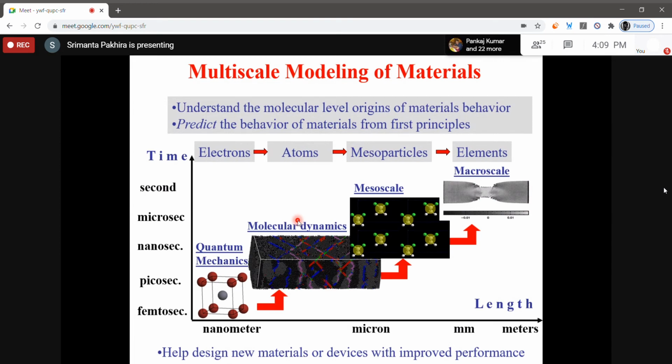Whenever we try to develop new devices, first we generally analyze theoretically. If theoretically we find that the structure is stable, then we perform the experiment. So this slide represents multi-scale modeling of materials. If you know how big your system is and what kind of properties you want to explain, we can use this kind of multi-scale modeling method.